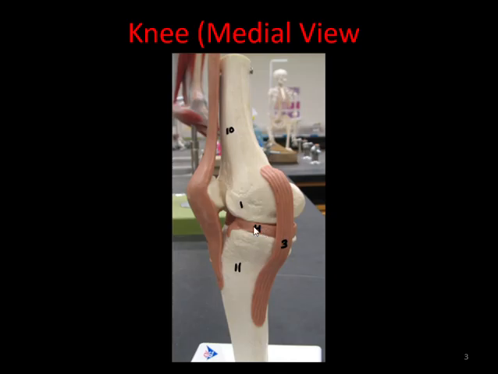Number 5, the meniscus of the knee, but because we are on the medial side of the body, you can actually call this the medial meniscus. So it has a directional term as well, depending on what side of the body you are. So it is the meniscus, but here it is specifically called the medial meniscus because it is on the medial side of the body. Okay, we'll go to the next slide.